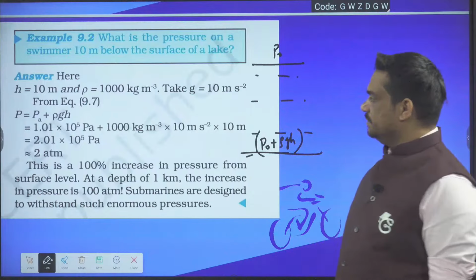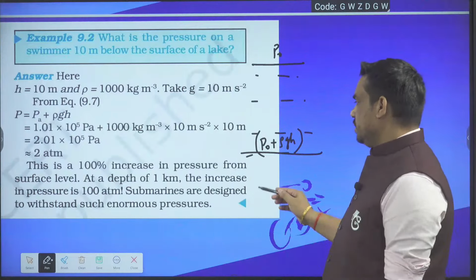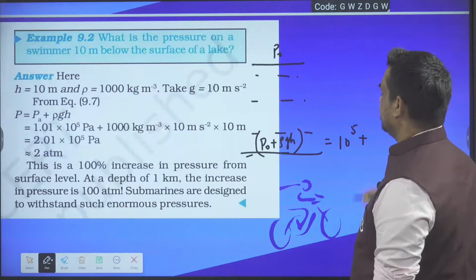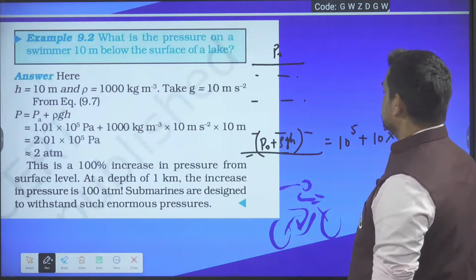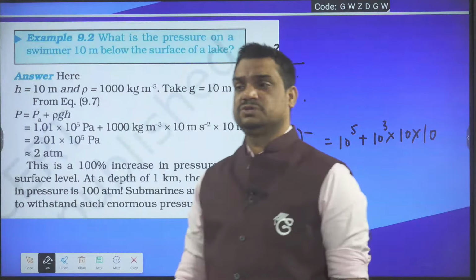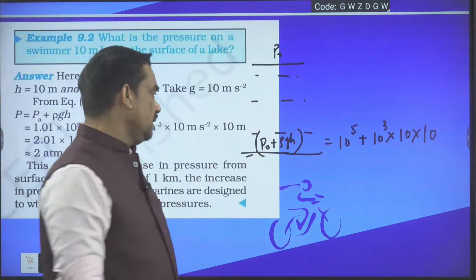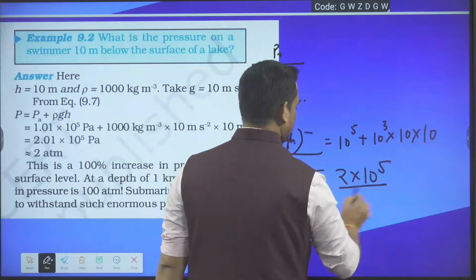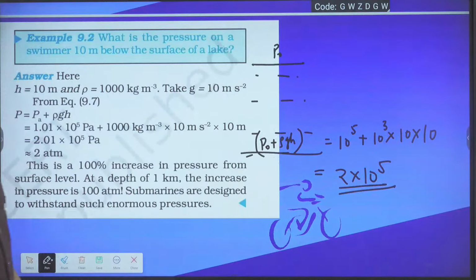We need to calculate both. P naught is 10 power 5. Rho is 10 power 3, g is 10, h is 10. So 10 power 5 plus 10 power 5 becomes 2 into 10 power 5, which is nothing but 2 atm.